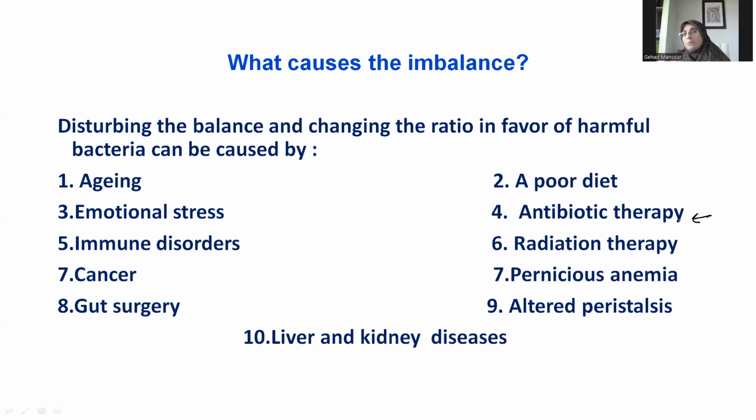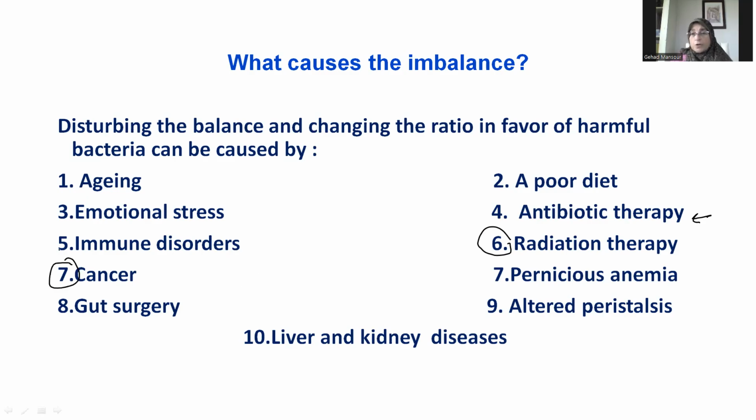So if you have any immune disturbances in your body, this will help the imbalance between the friendly and pathogenic bacteria in favor of the pathogenic bacteria. And at the same time, when you have this imbalance and the pathogenic bacteria are overriding, then this might result in immune disturbances.